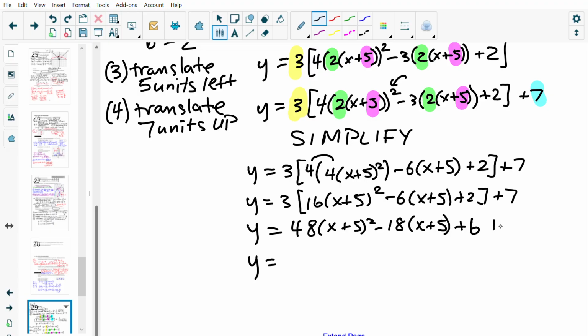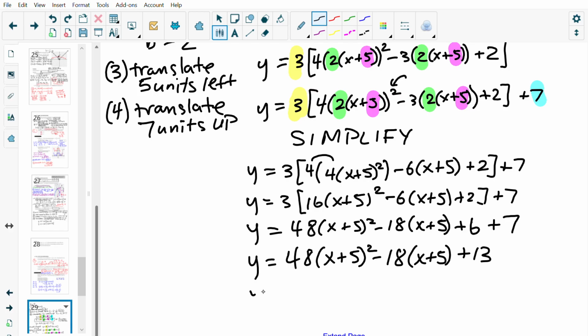I missed this. So 3 times 2 is 6, and then plus 7. Okay, so I have y equals 48 times x plus 5 squared minus 18 times x plus 5 plus 6 plus 7. Let's add those two before we expand. So I have this minus this plus 13. Now let's expand these.